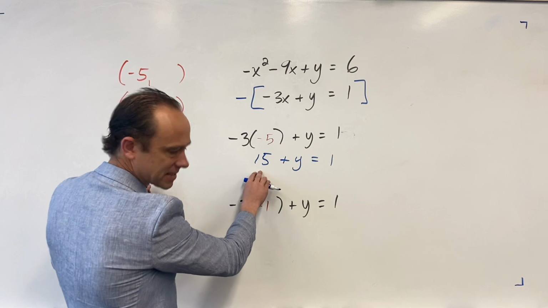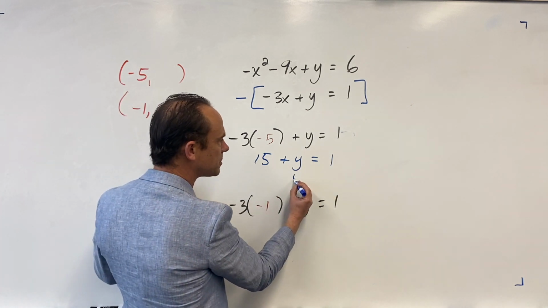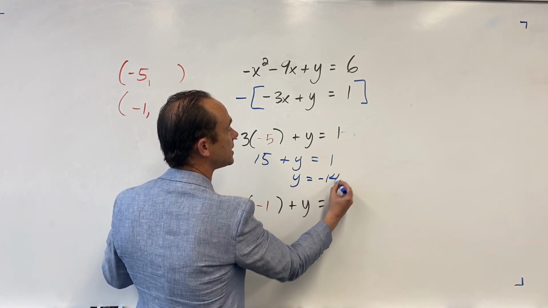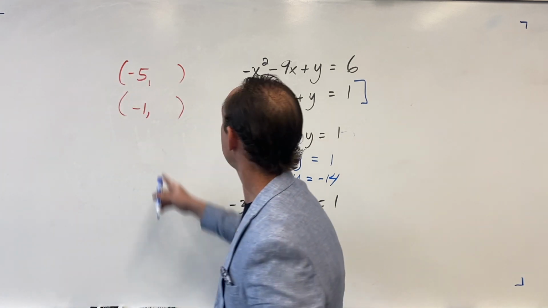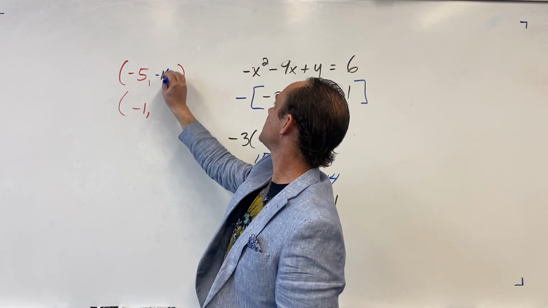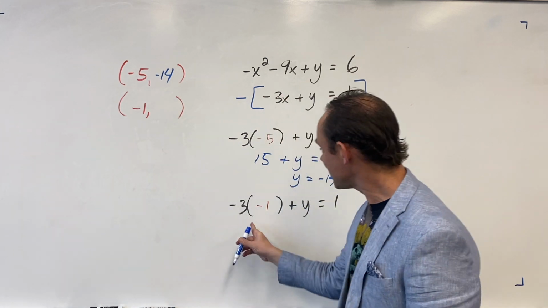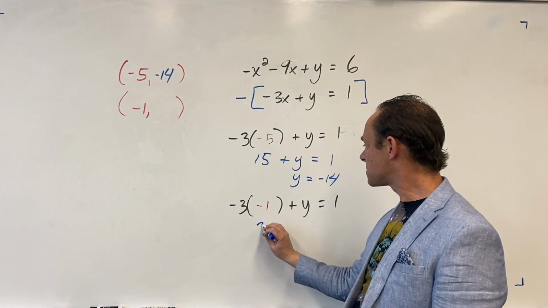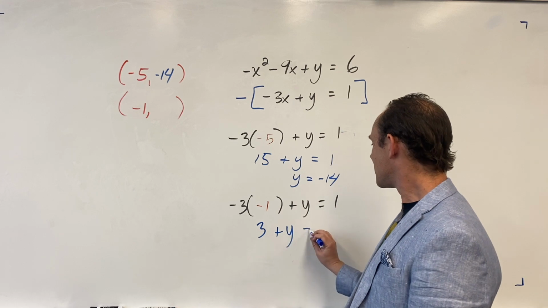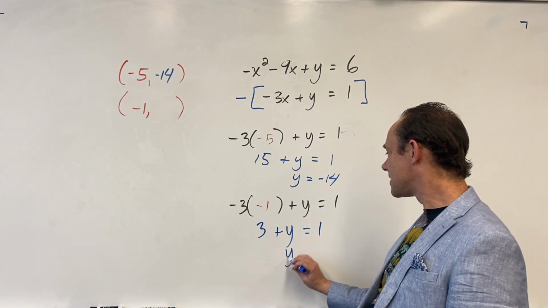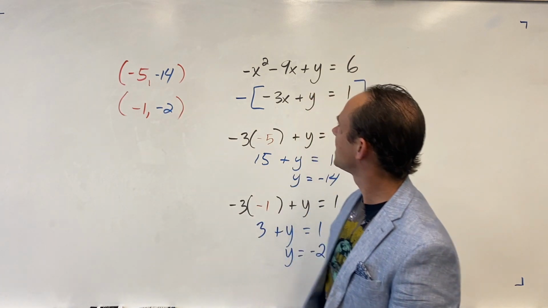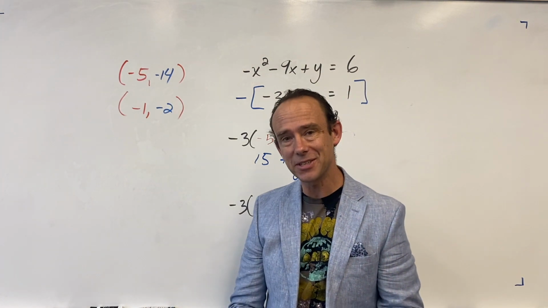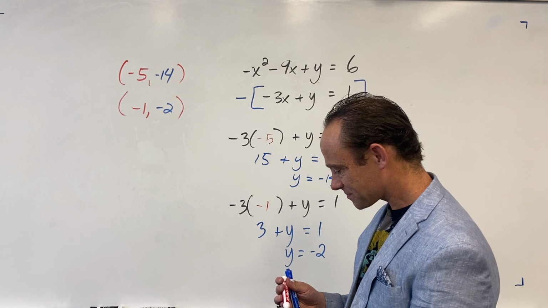Let's lastly subtract 15 from both sides, so we get y is equal to negative 14, right? That's going to be up here, right? So then negative 14. And then lastly, a negative 3 times negative 1 is positive. All right, subtract 3. And now we feeling good again. All right. Gorgeous, gorgeous, gorgeous, gorgeous.